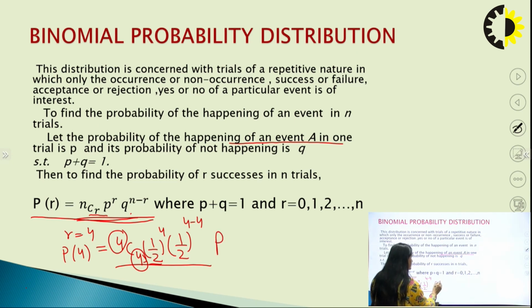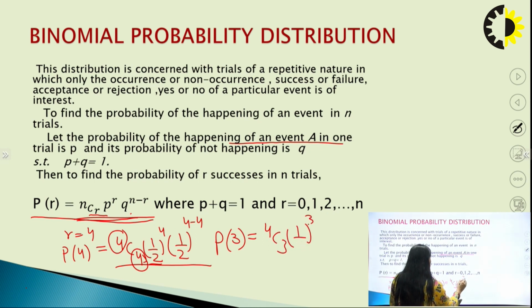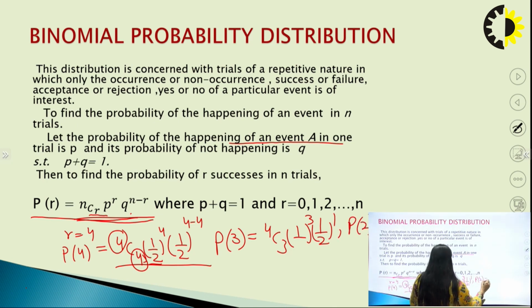Similarly, for P3, we will get 4C3 half to the power 3 into 1 by 2 to the power 1. And for P2, it will be 4C2 half to the power 2 into half to the power 2.